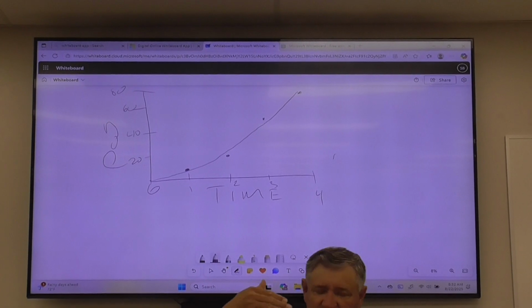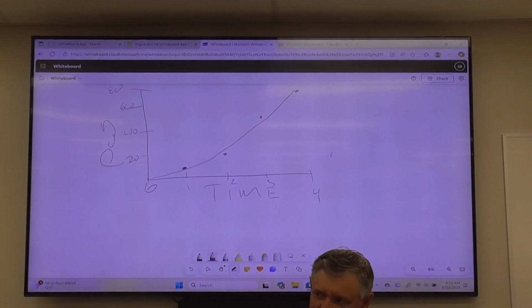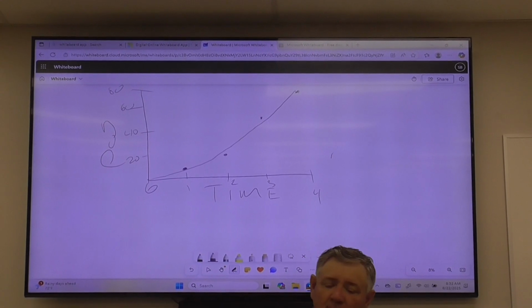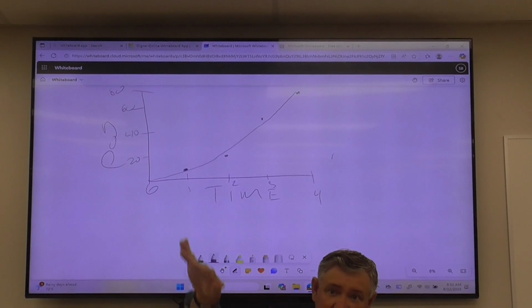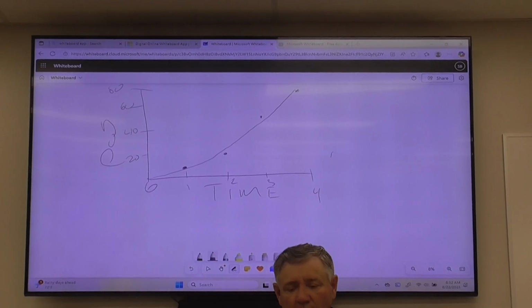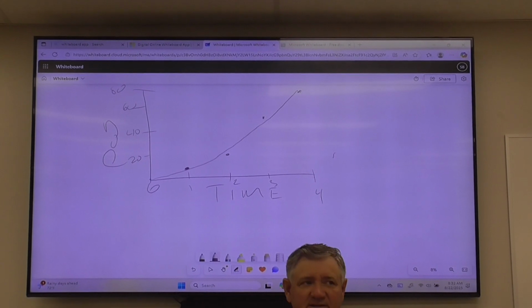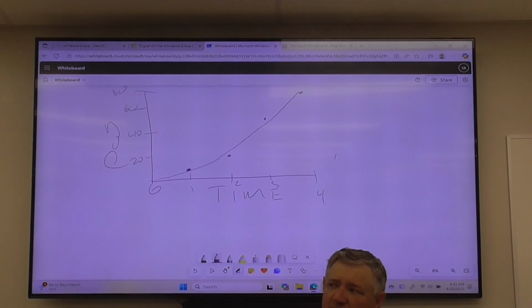Because position is a function of time. Time is not a function of position, which would get really weird. So you're going to have this nice quadratic function. The first thing you need to realize is that this is not linear, because one of the questions kids always ask is, when do we draw a line of best fit?